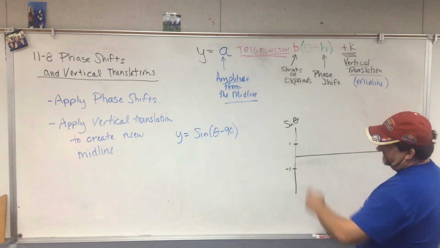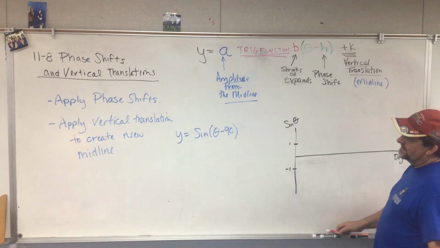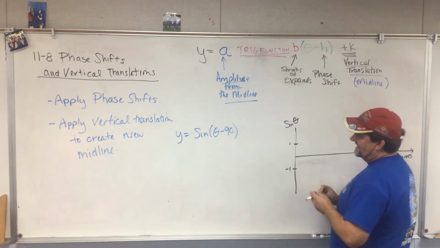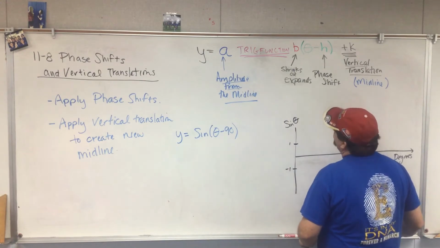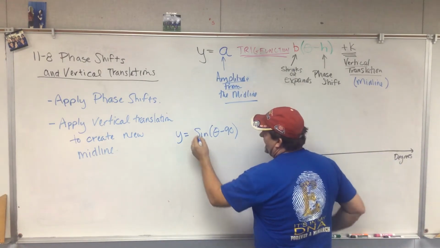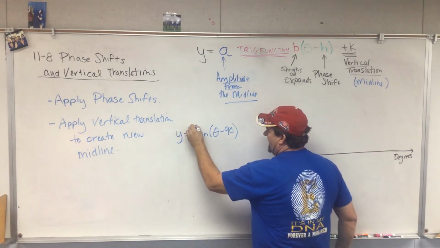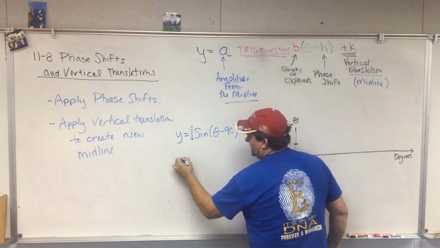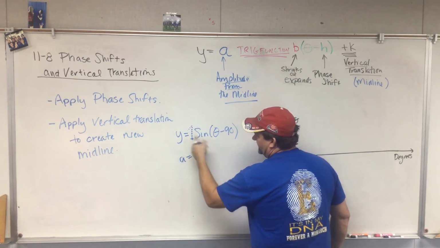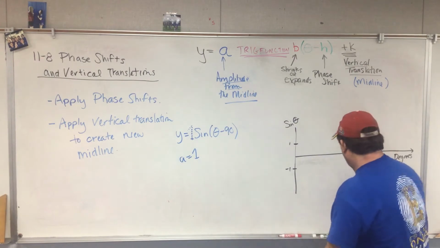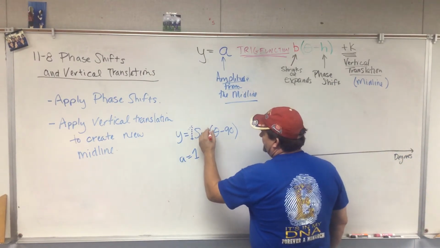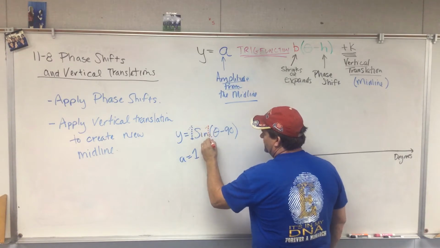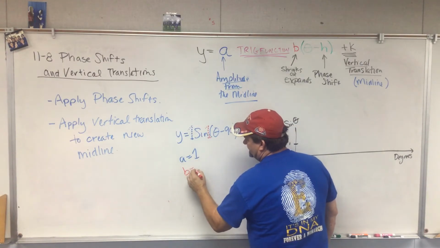So let's just take y equals sine of theta minus 90. Let's write in our things that we have here. We know that A is right here, and it's imaginary, so A is equal to 1. If there's nothing in front, it'll be a 1. We know that our B is imaginary, and that's equal to 1.